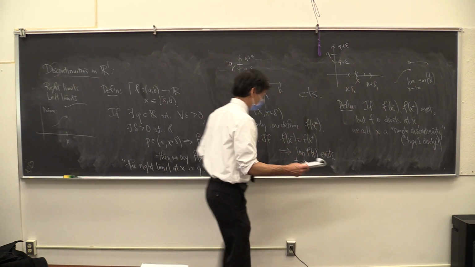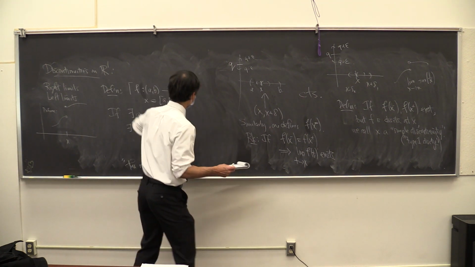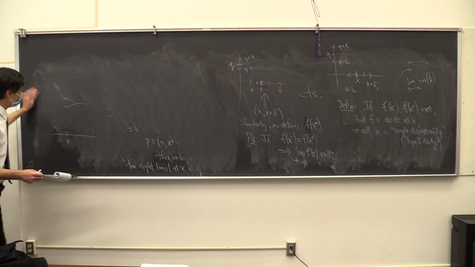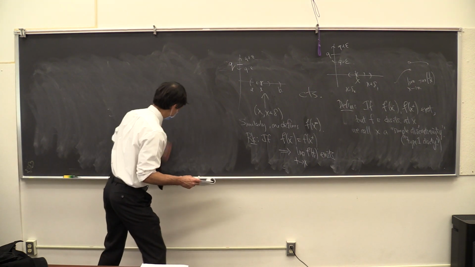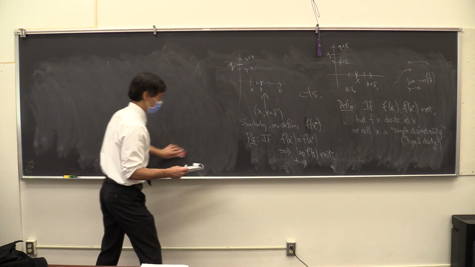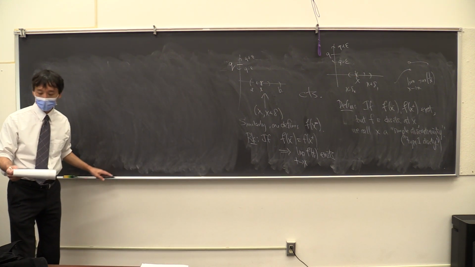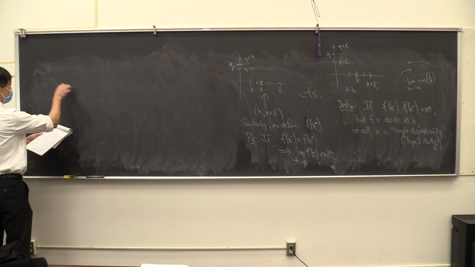So our main goal at this point is to get to a theorem about monotonic functions, the discontinuities of monotonic functions. This is kind of a nice application of things that we've seen before, like the supremum.